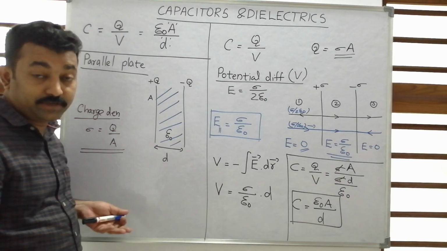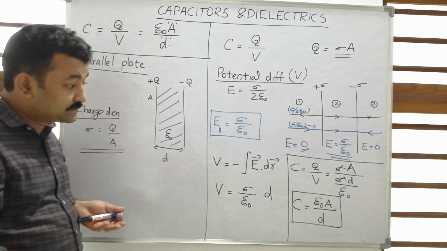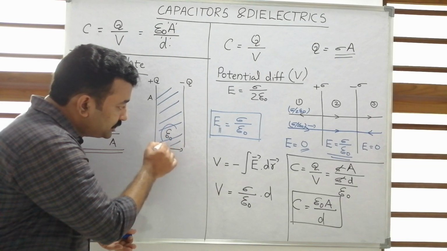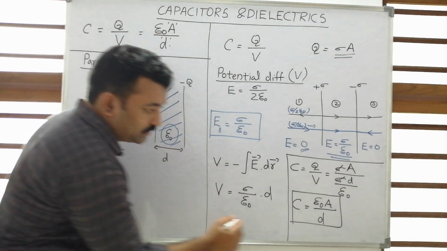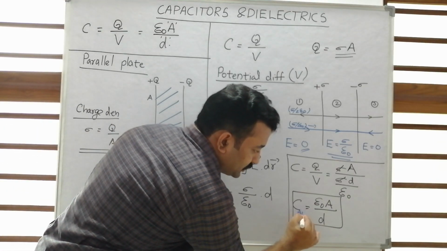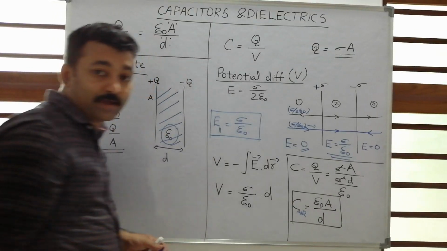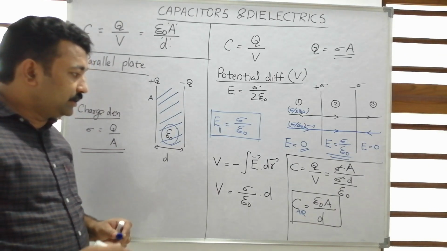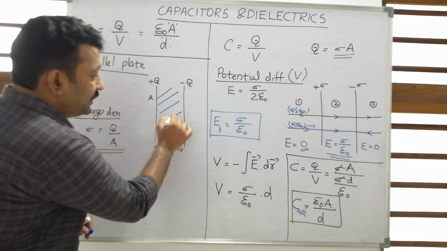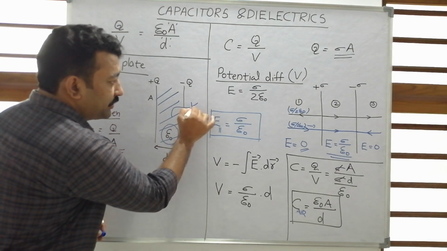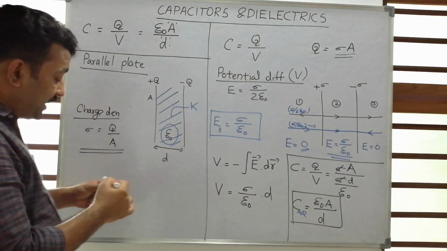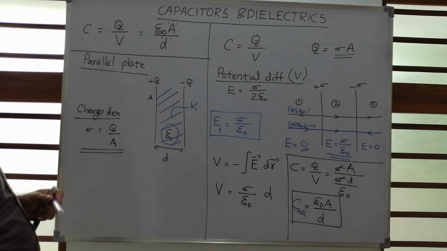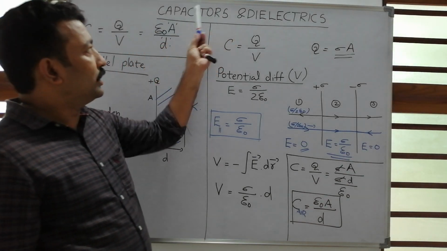The capacity will increase. That means earlier I had chosen this capacitor with air. I will call this one a capacitor with air, or air filled capacitor. Rather, if I fill that one with a dielectric of dielectric constant K, I can call that one a dielectric capacitor. That is the point I am discussing.